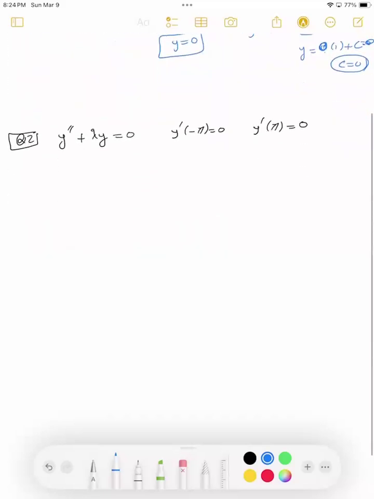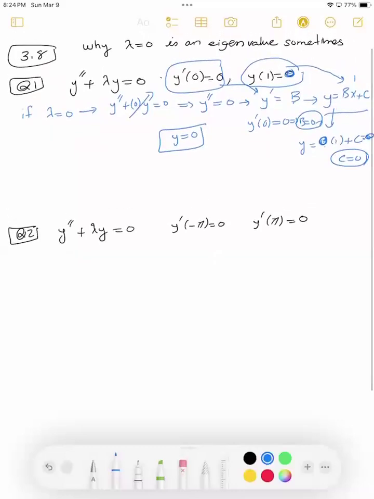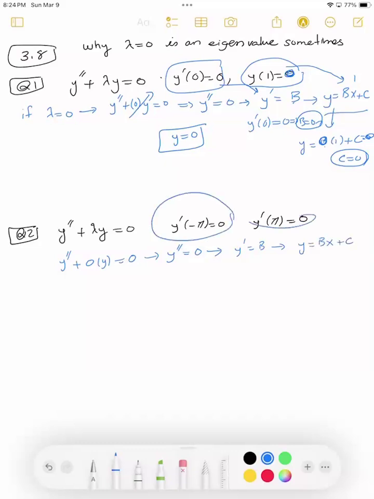But look at the second problem. If lambda is equal to 0, we get y double prime equal to 0. We find the integral of both sides and get y prime is equal to b. We integrate again and find y is equal to bx plus c. Look at the initial conditions.